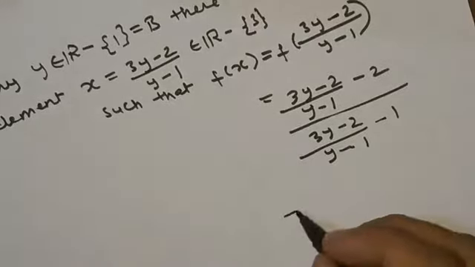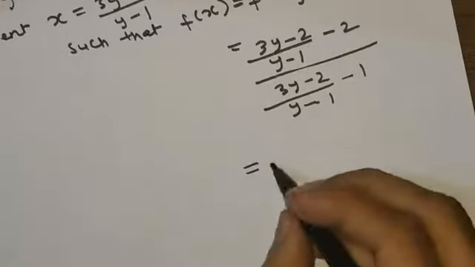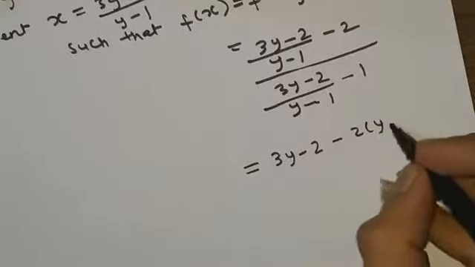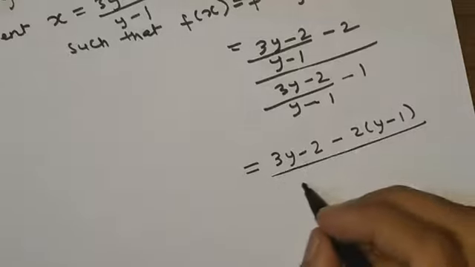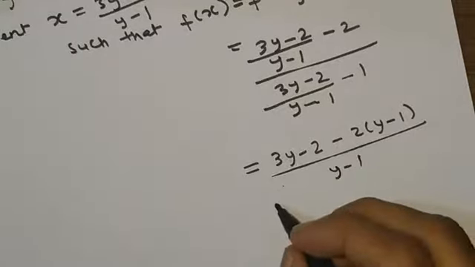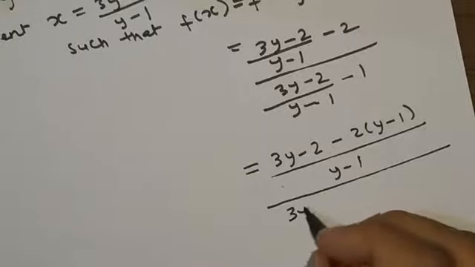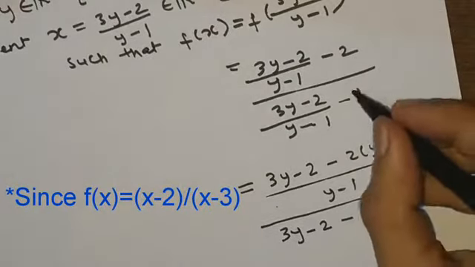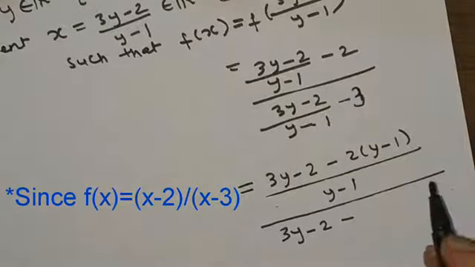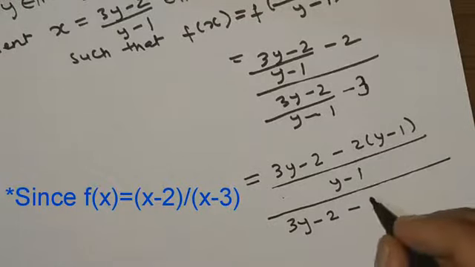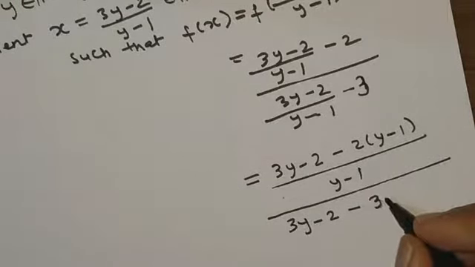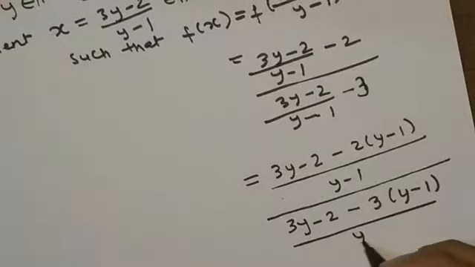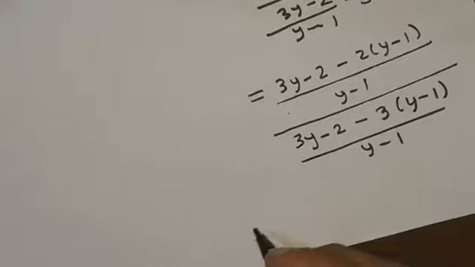So we have got this. Now we can simplify this. So ((3y minus 2) minus 2 times (y minus 1)) divided by (y minus 1), the whole divided by ((3y minus 2) minus 3 times (y minus 1)) divided by (y minus 1), okay.